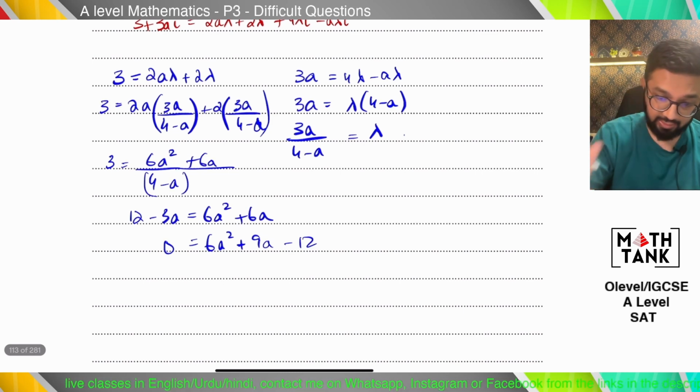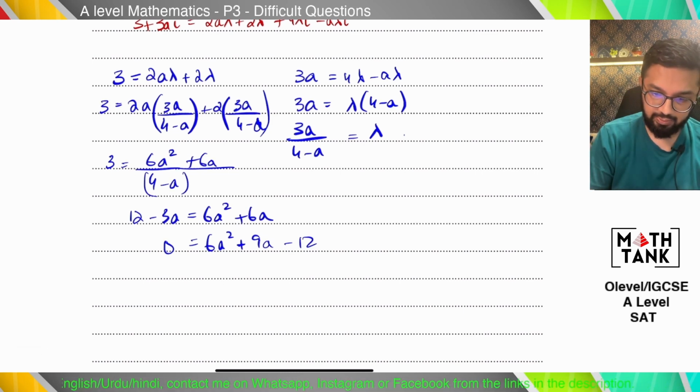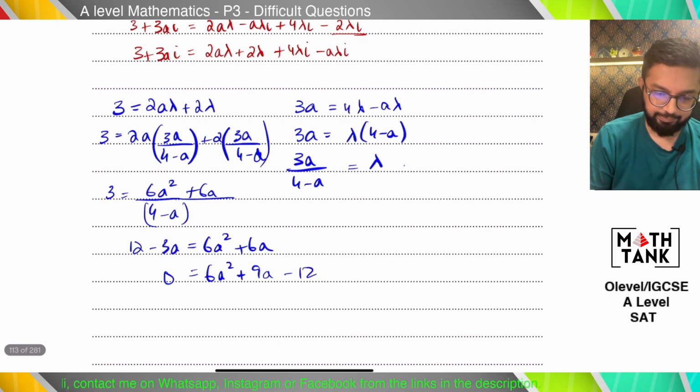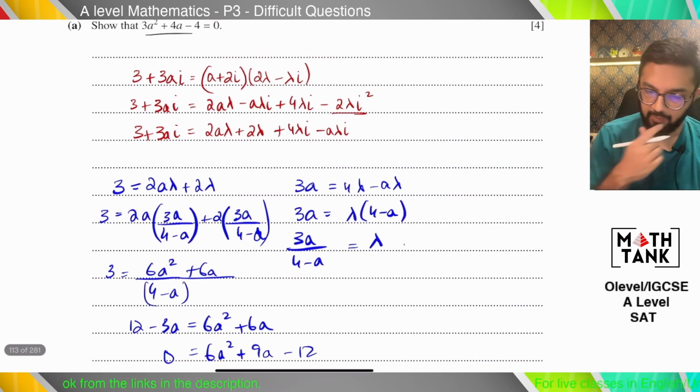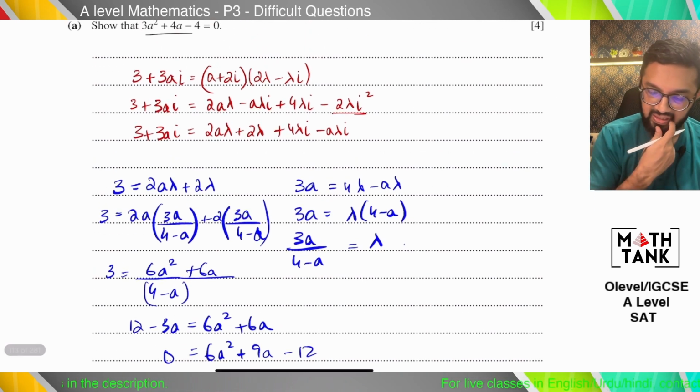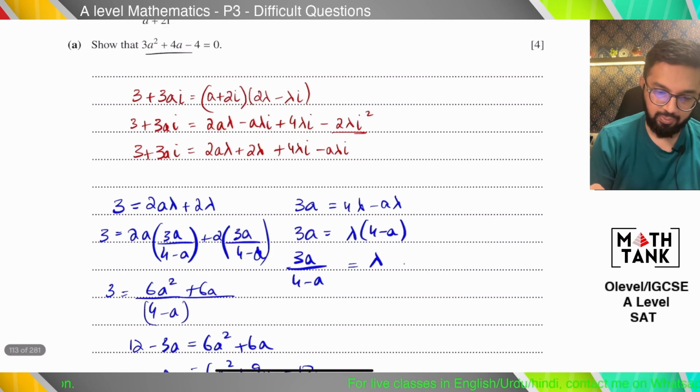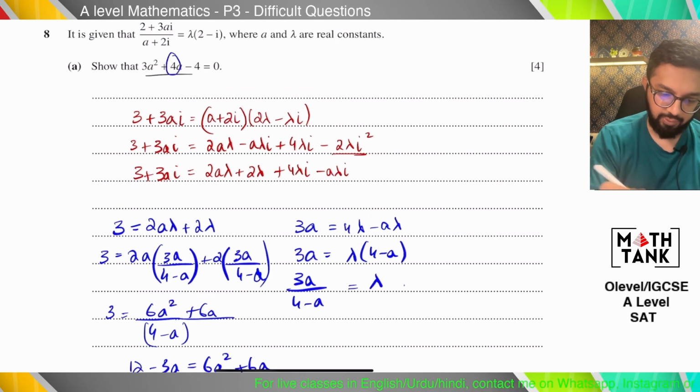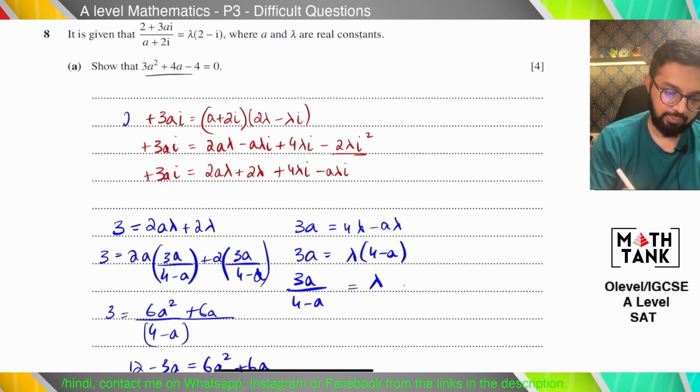There is some mistake. Let's check what our mistake is. I'm not getting 4a, I'm getting 3a. This was never 3, this was always 2.